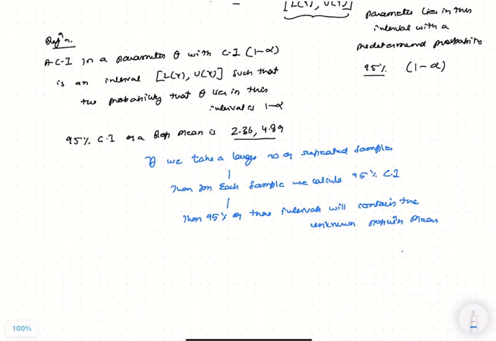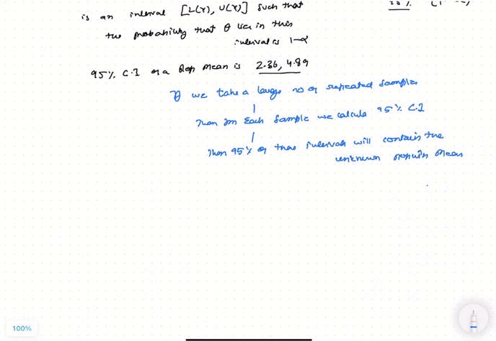So now we have taken a bunch of samples from a population and we use them to find an estimator theta hat. For example, we are using it to find the population mean. So there would be a bunch of theta hats from different samples. What we have learned before is that we can approximate that these theta hats are normally distributed.